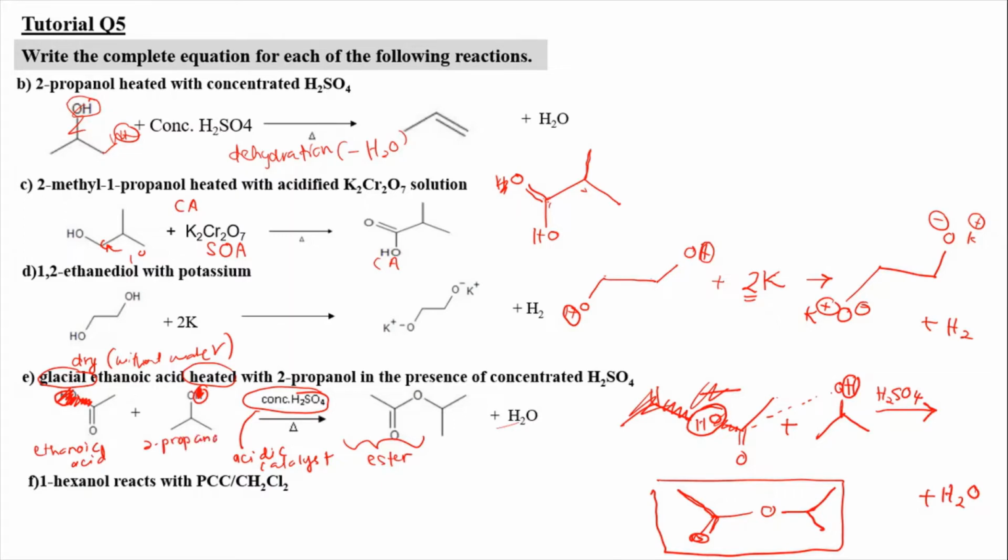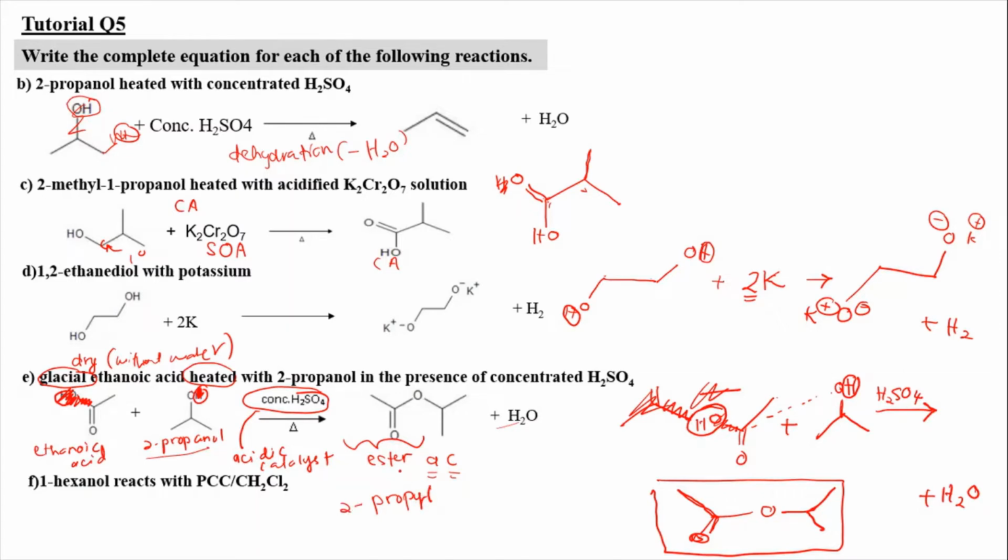So if we want to do the naming for an ester, we're going to start with the alcohol first. Remember AC: alcohol first, then only carboxylic acid. So the alcohol here is going to be propyl, because we change ol into yl.